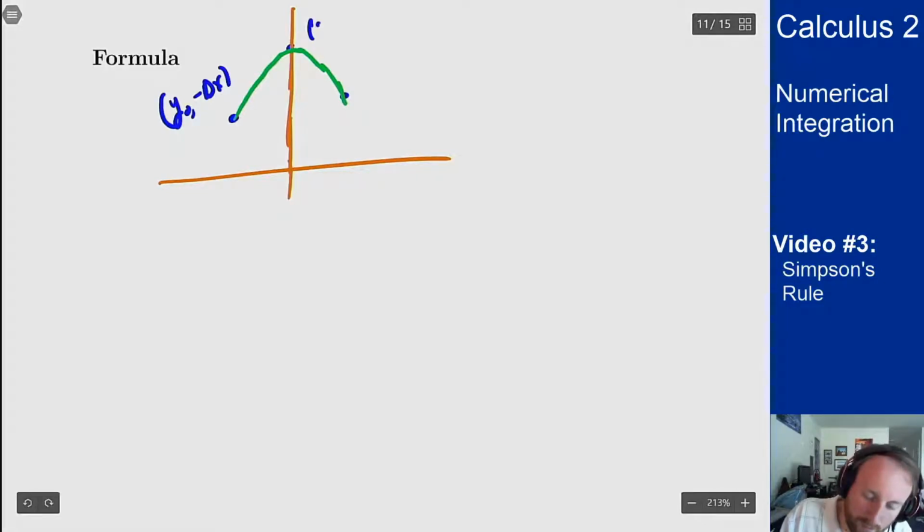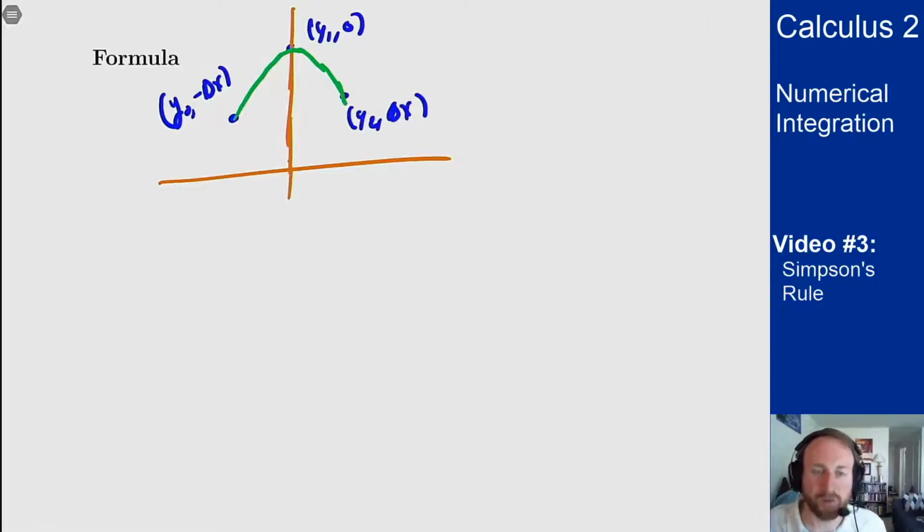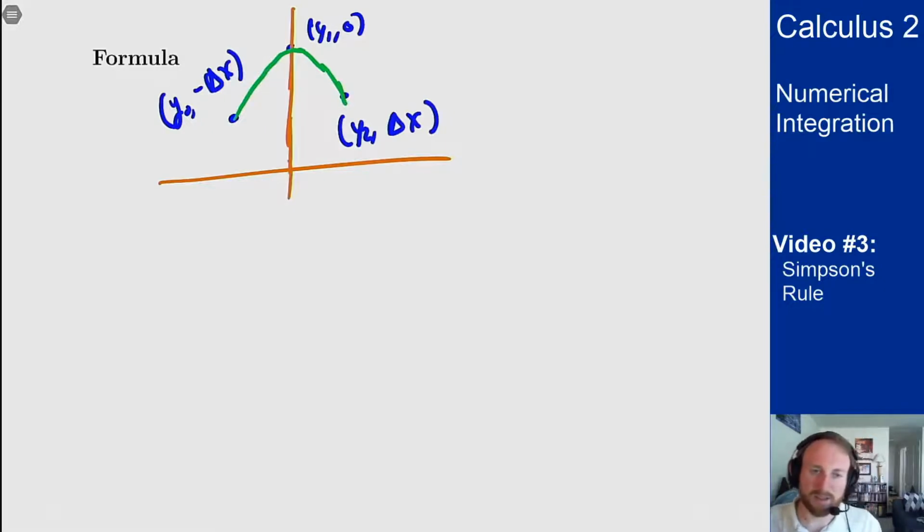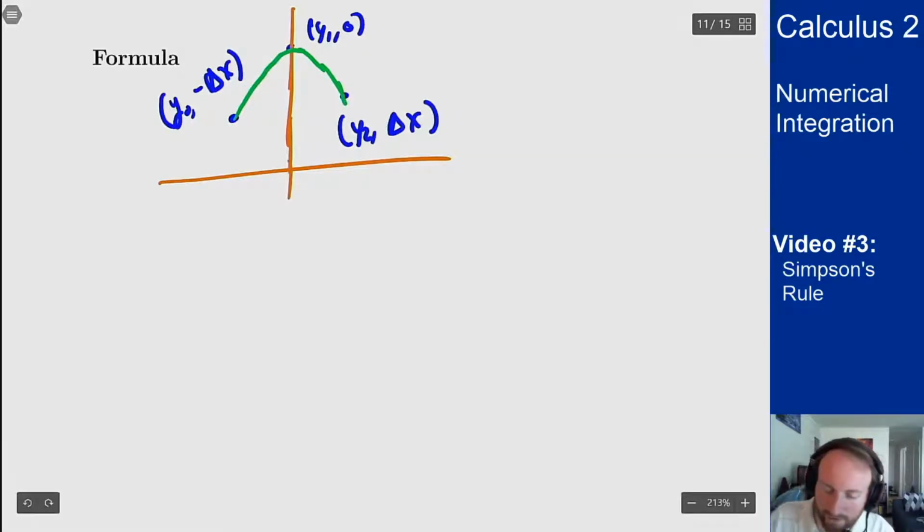This is at y1 and 0, and this is at y2 and delta x. We're going to assume we have evenly spaced rectangles here. And so on one side you go minus delta x, the other side you go plus delta x. I want to figure out what the area of this region is, because that's going to form the basis for how I figure out this formula.